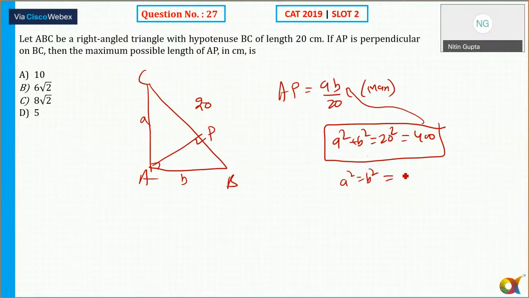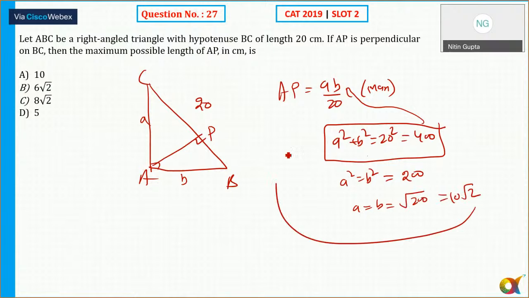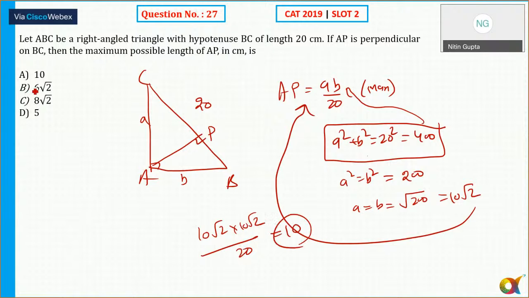Both of them will be equal to 200. So A is equal to B, which is 10 root 2. Then 10 root 2 into 10 root 2 on 20 will become 10. So the answer was easy. The correct answer for this question is option A, which is equal to 10.